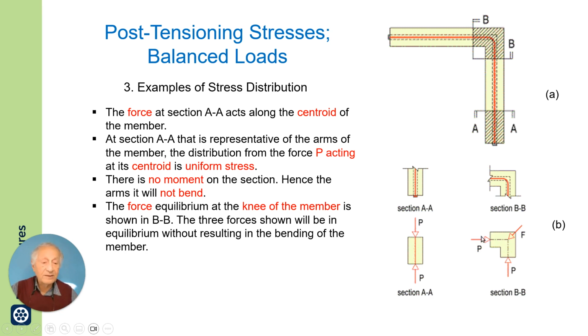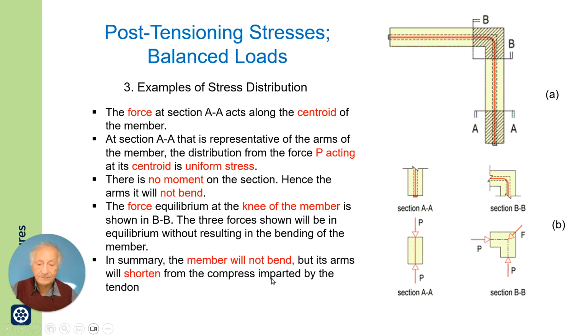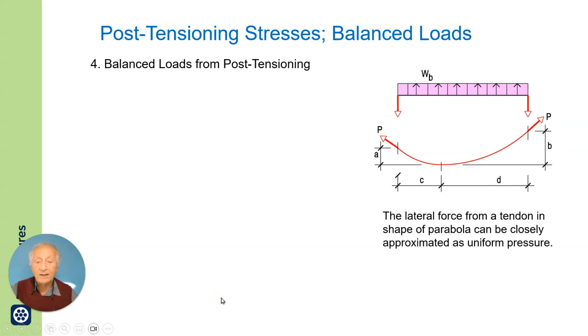Again, not bending, they are congruent and neutralize one another. In summary, the member will not bend, but its arms will shorten from the compression imparted by the tendon.